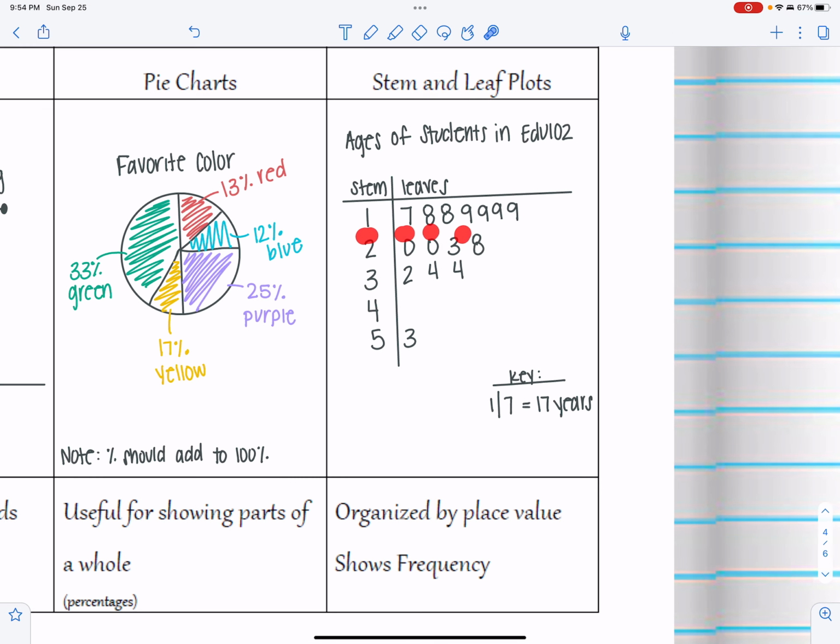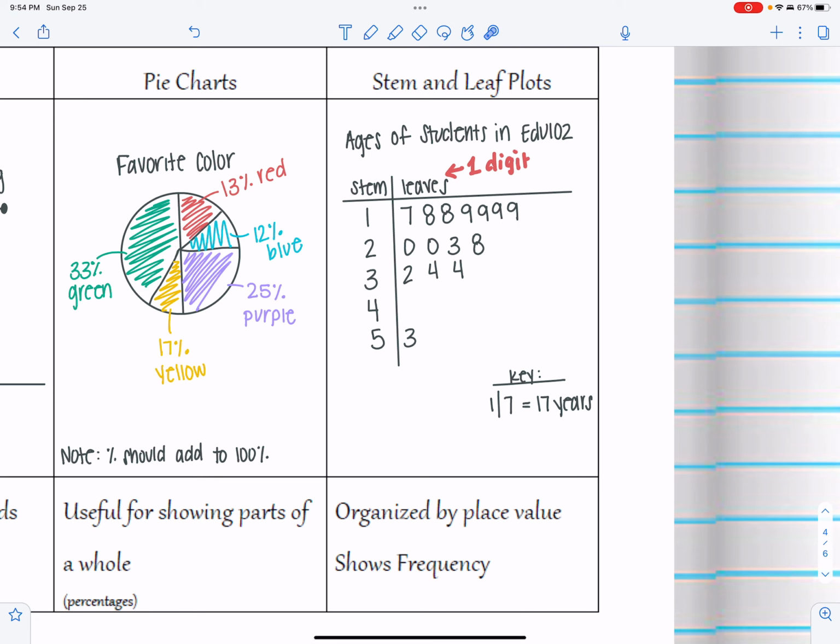With our stem and leaf plot, the stems are 1 digit on the left, the leaves are 1 digit on the right. So not always true. The stems can be more than 1 digit. We just don't have that in this example. The leaves, though, always have to be 1 digit. So the leaves must be 1 digit. The stems are everything else.